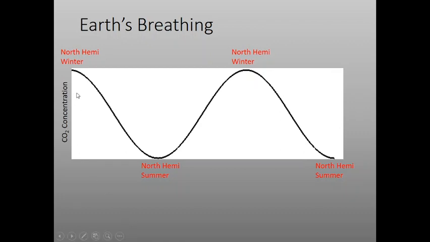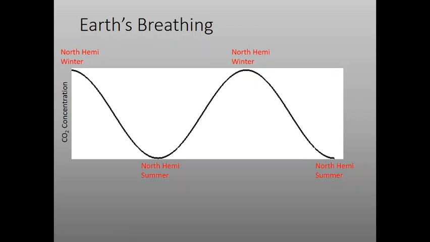So we have northern hemisphere winter, right? And then spring comes along, we have high CO2 concentration, spring comes along, carbon dioxide goes down until we get to somewhere maybe like September, October, where in the northern hemisphere photosynthesis isn't going on anymore, and plants aren't sucking up that carbon dioxide, and they start to decay and release a bunch of carbon dioxide into the atmosphere until we repeat the cycle again.